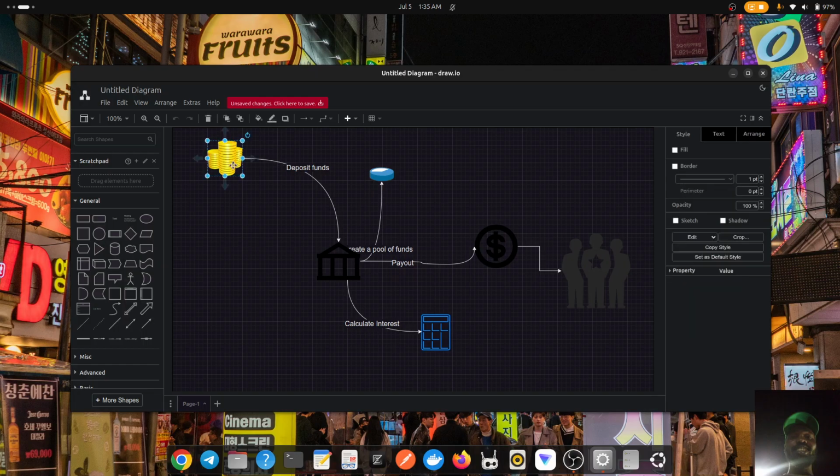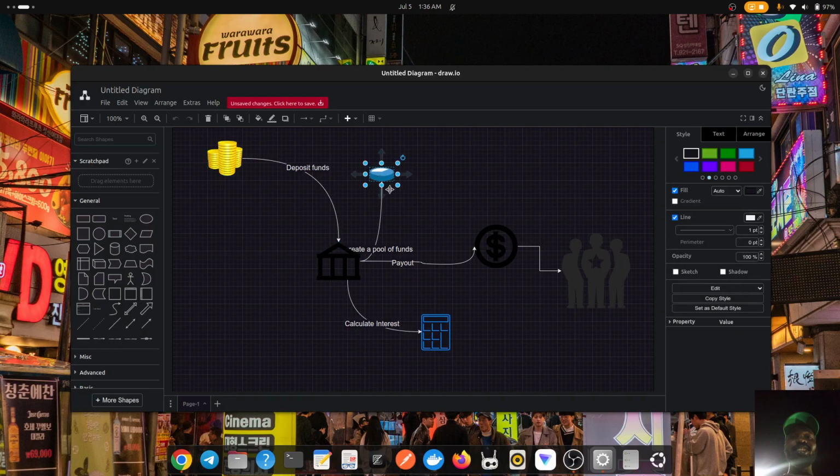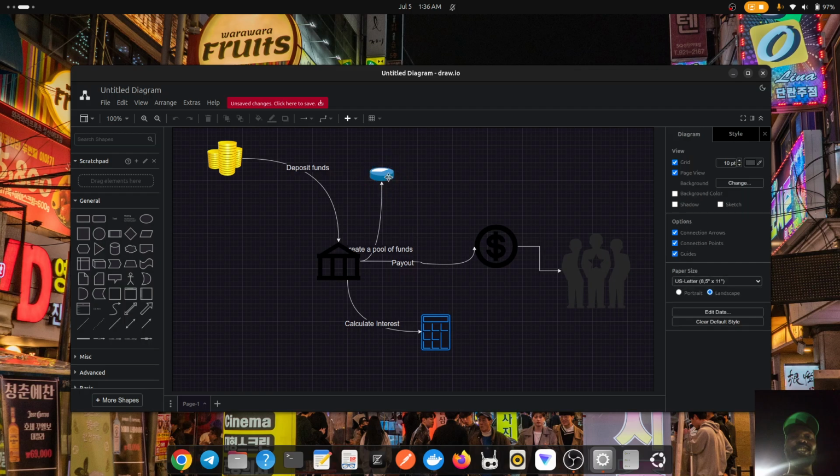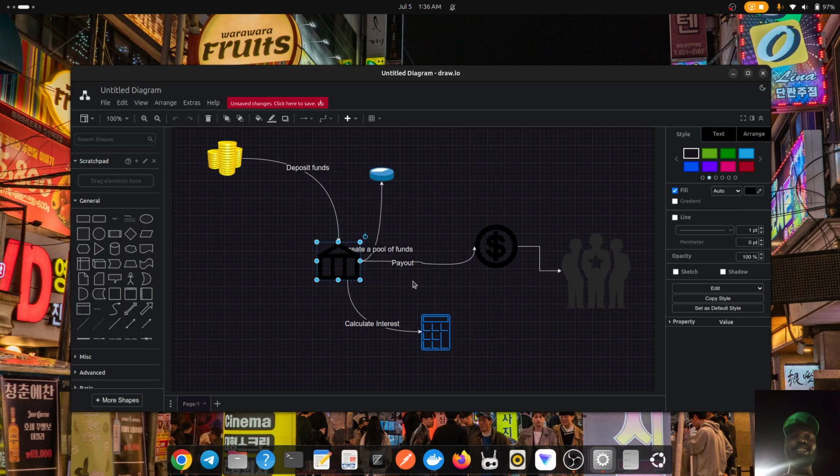So a bank, going over it again, has a means of depositing funds, has a pool where the funds are locked, has a payout, so you can access the pool via the bank, and you can apply for a loan, and an interest will be calculated against that loan. So we're going to be adding some stuff here.